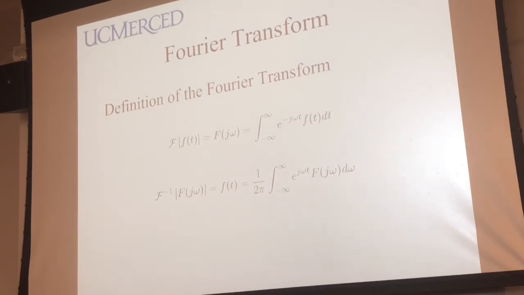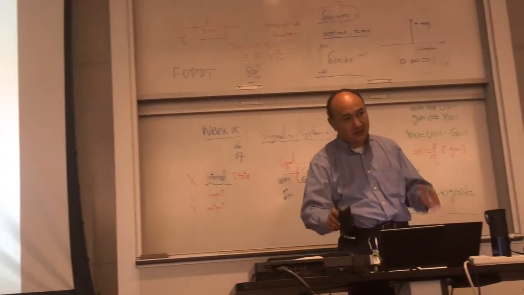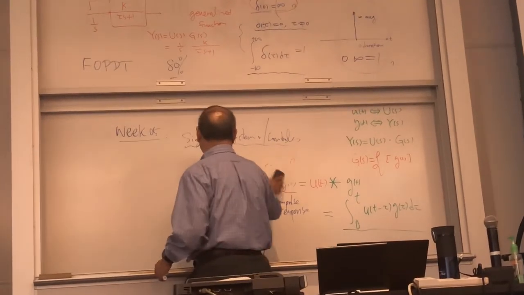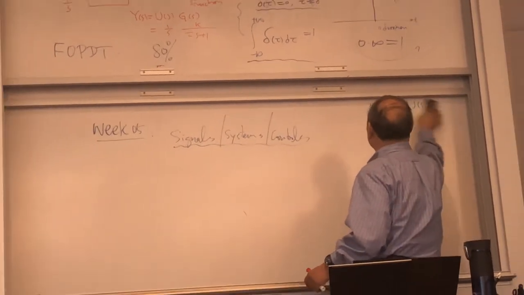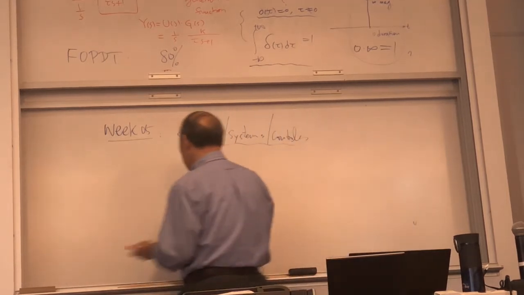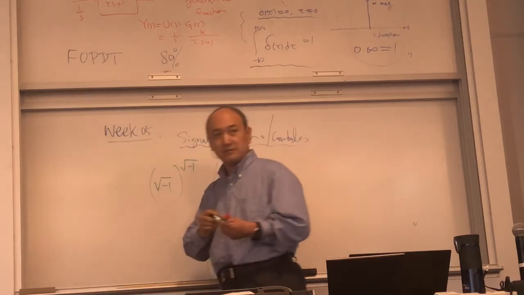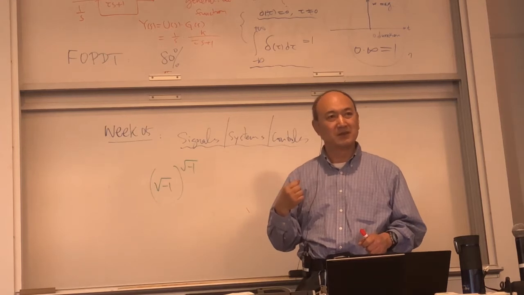I have to say something here. I'm very confident that at least one of you still does not know how to do this: what is the square root of minus 1 to the power of square root of minus 1?